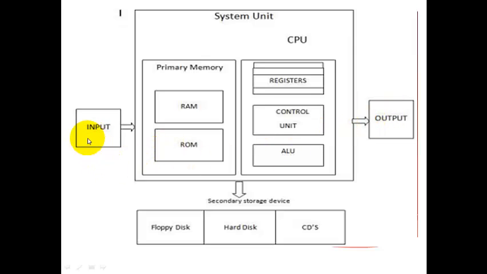Moving to input device. Input device is used to provide data to the system unit, or input device feeds data to the system unit, where the system unit will process the information, and the processed information will be shown using the output devices.